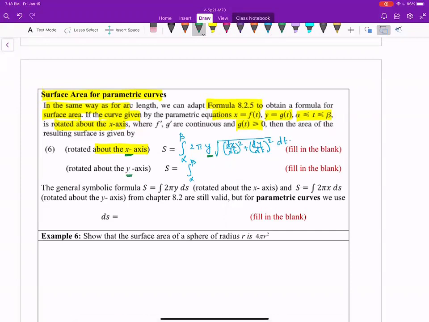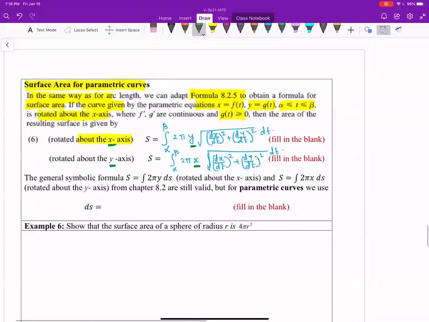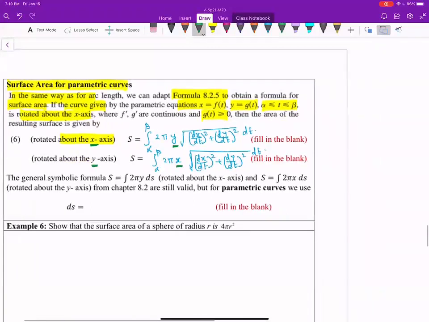It is rotated about the y-axis, then in the formula what do you expect? That's 2 pi x square root of dx by dt the whole square plus dy by dt the whole square dt. So when it is rotated about the y, you write x here. And then what is ds?